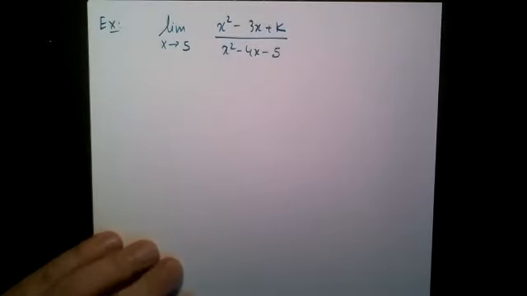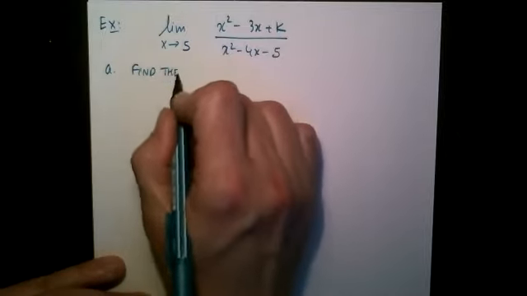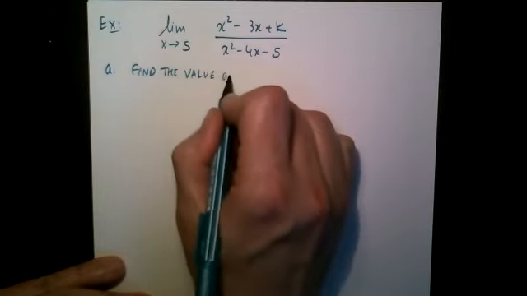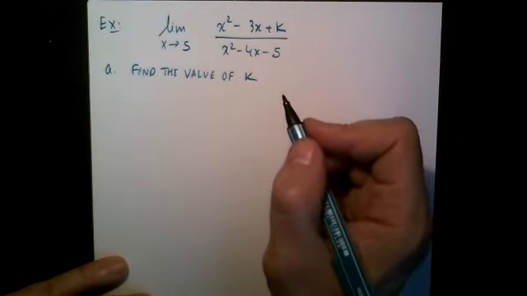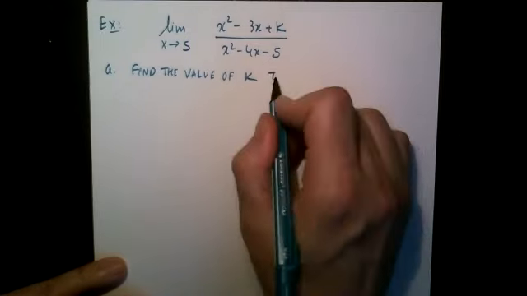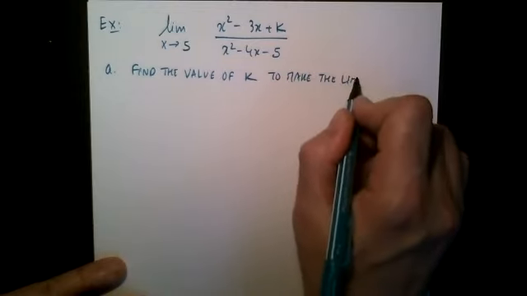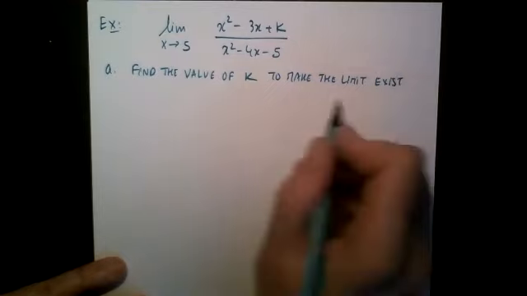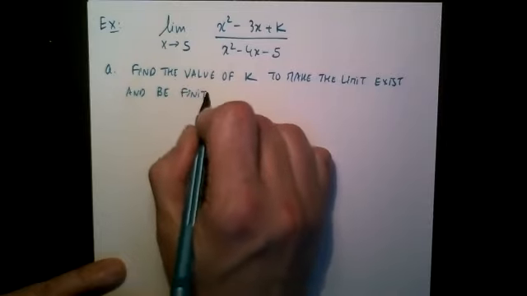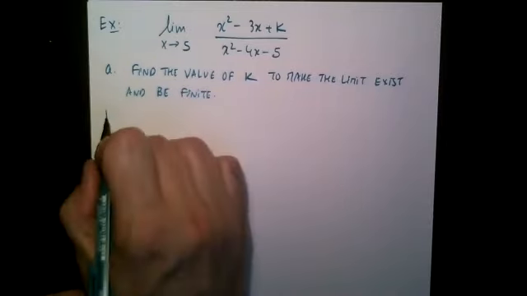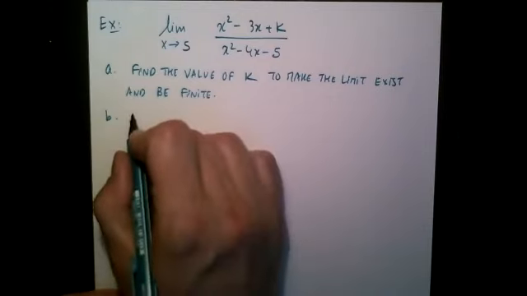Okay, the question is A, find the value of k to make the limit exist and be finite. Okay, finite means a number.